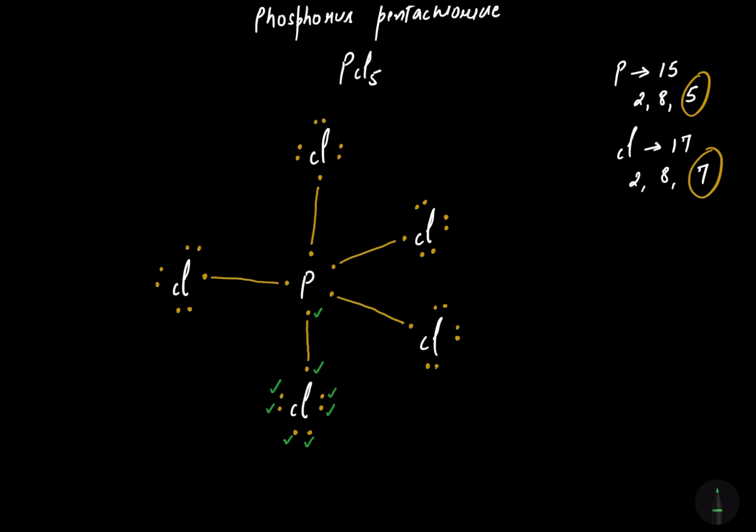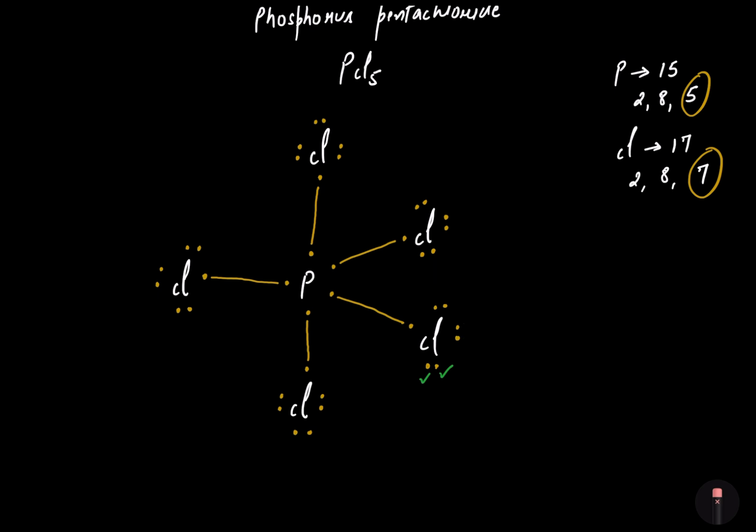Now the third chlorine: again eight electrons. So the third chlorine has also attained octet, that is 8 electrons in its outermost shell after the formation of one bond with phosphorus.